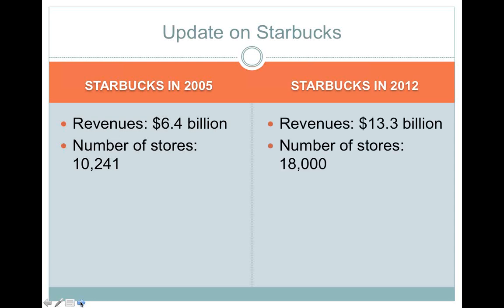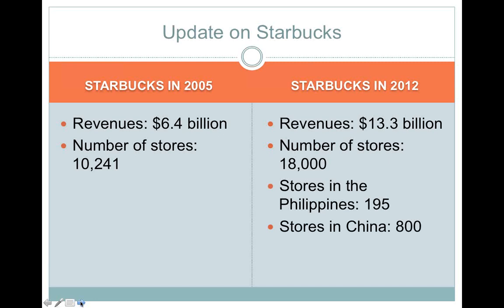And they've got 18,000 stores, including 195 here in the Philippines. And elsewhere in Asia, another 800 in China and 975 in Japan. That's something to have that many stores in tea-drinking China and Japan.